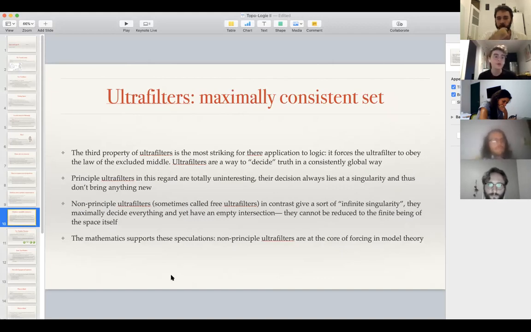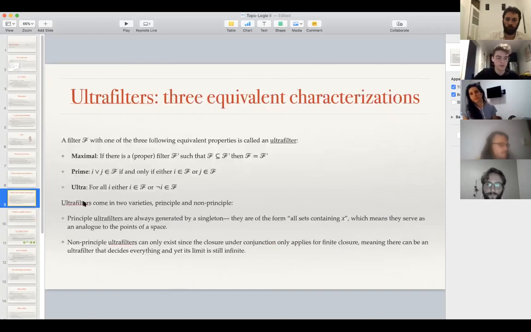Along these lines, an ultrafilter, when we talk about it as these more or less consistent sets, is going to be a maximally consistent set. What that really means is, first of all, it obeys the law of the excluded middle. That is just literally this ultra property.